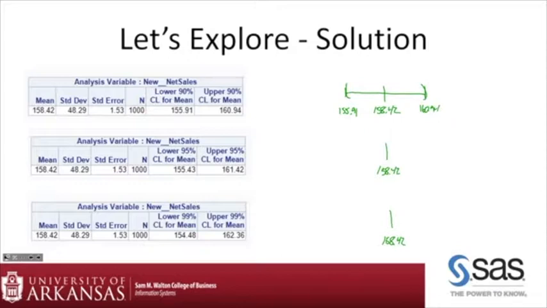And if I want to be 95% confident, which is what we just had, I've got 155.43 up to 161.42. And if I want to be 99% confident, I've got 154.48 to 162.36.